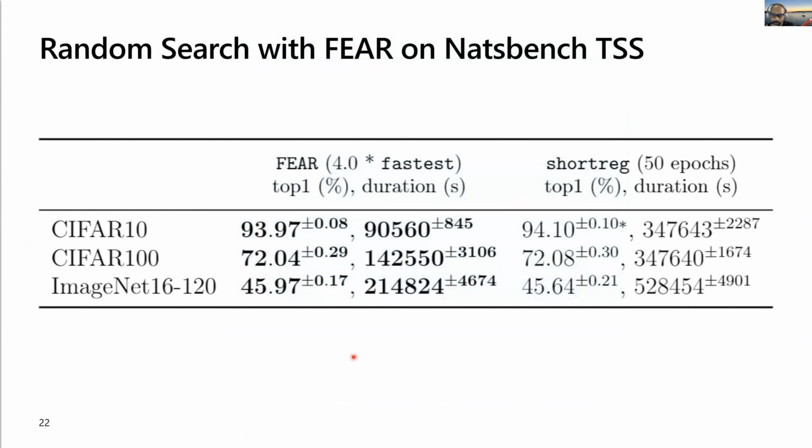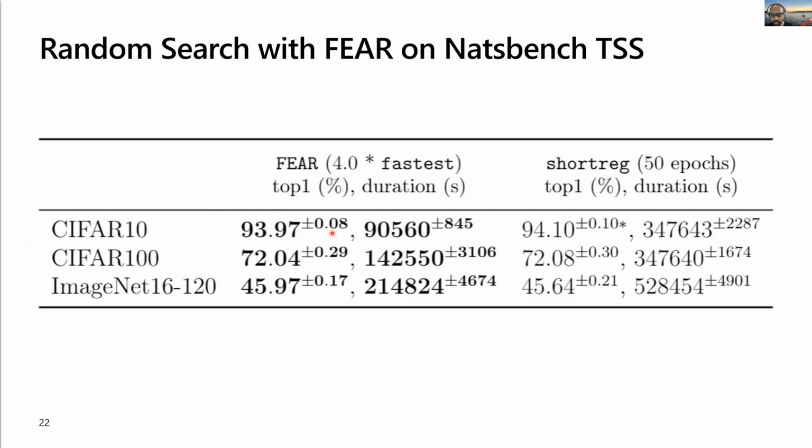So, doing this, for example, if I do shortened regularization with 50 epochs, and 50 epochs on CIFAR-10 doesn't take that much time per architecture. You see that with the same budget, where the budget was 500 maximum number of architectures, because we can do this early rejection, we can reach within standard error.